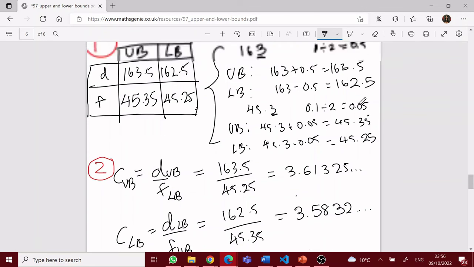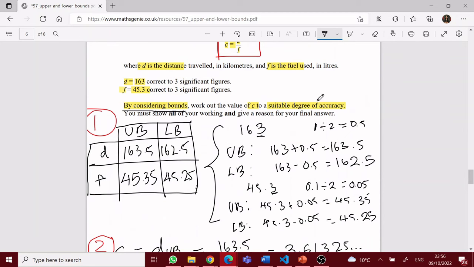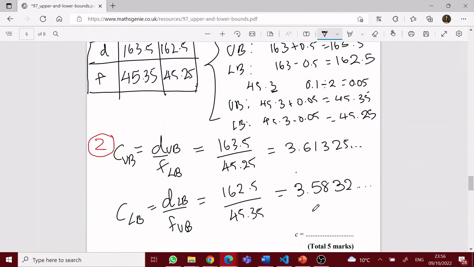Now this is the final part that you need to be careful about. So when they say suitable degree of accuracy, what do they mean? They want the most accurate answer. Accuracy in maths is pretty much talking about the number of decimal places, which means they want the most decimal places. But if you do that, it will give you a completely different answer.